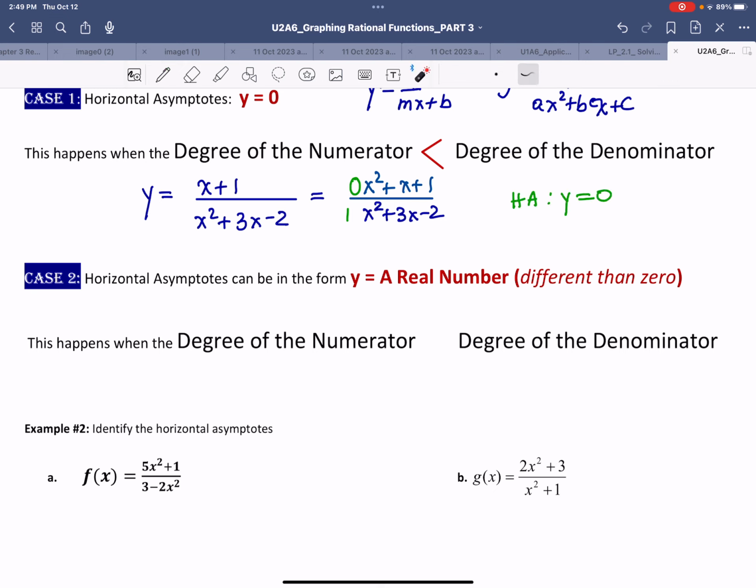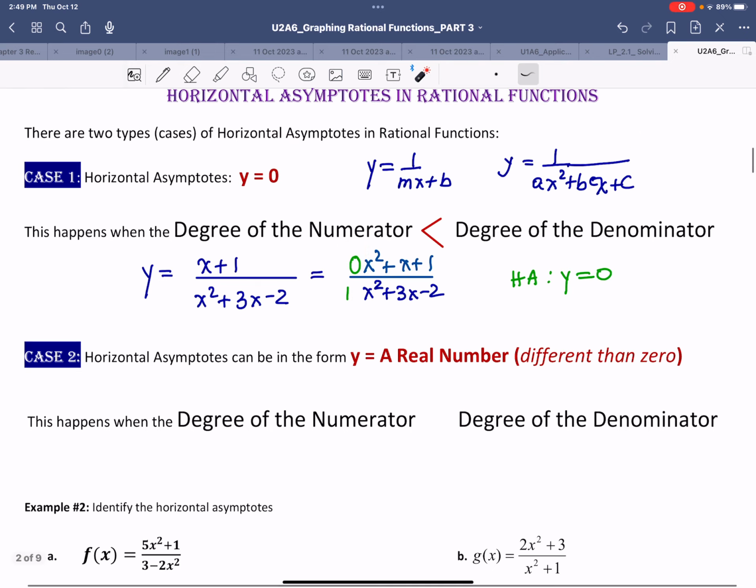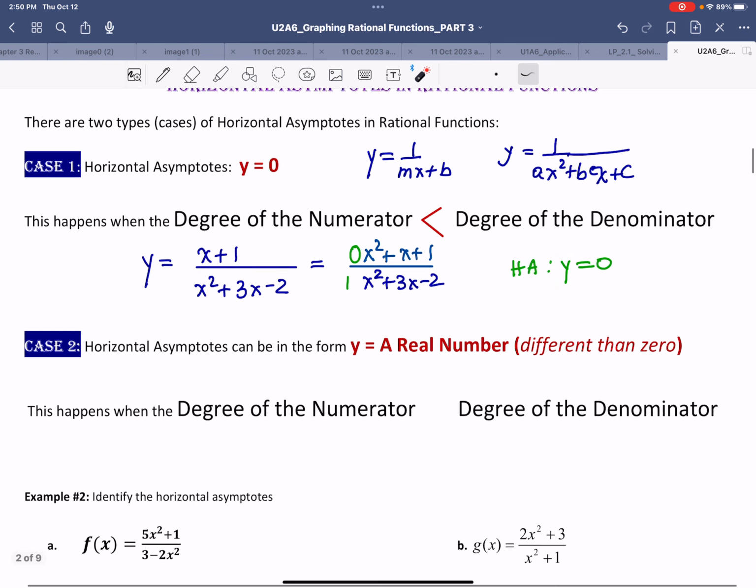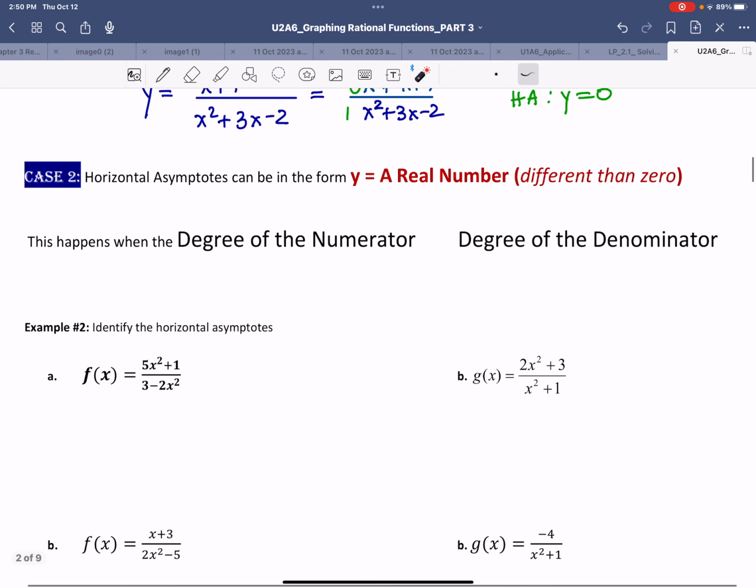So you can either remember the rule of writing the ratio of the leading coefficients, or you can remember that when the degree of the numerator is less than the degree of the denominator, the horizontal asymptote will be at y equals 0. Now, the horizontal asymptote will be at y equals some number different than 0 if the degree of the numerator and denominator equal each other.